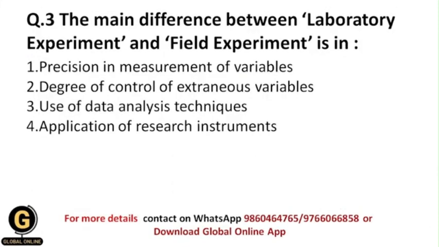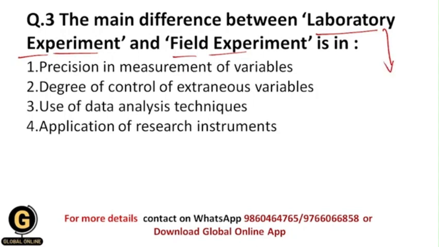The main difference between laboratory experiment and field experiment is in. So what is the main difference between laboratory experiment and field experiment? The main difference is that a laboratory experiment is held in a proper controlled environment, in the lab environment.